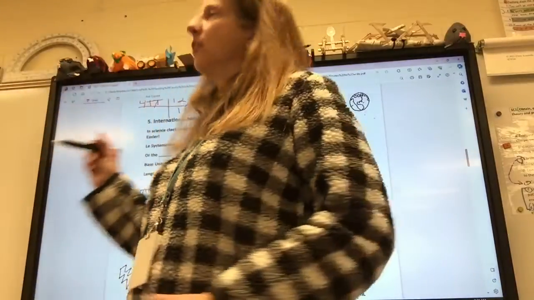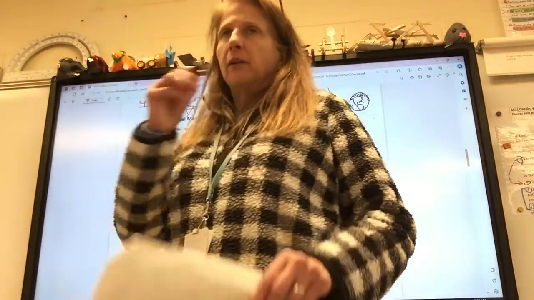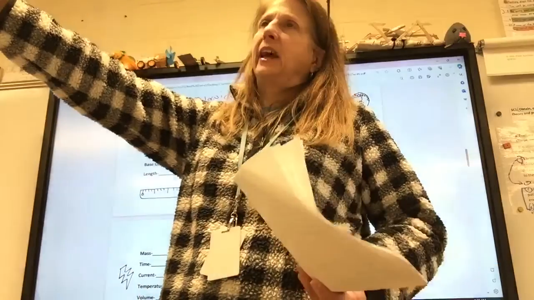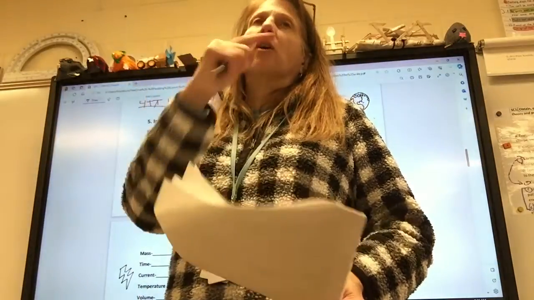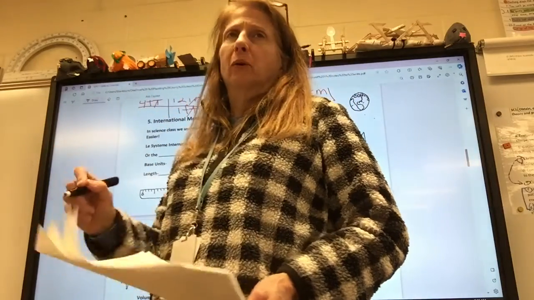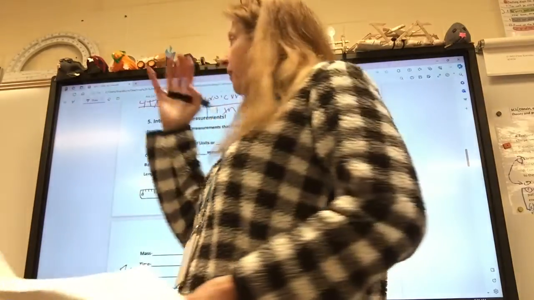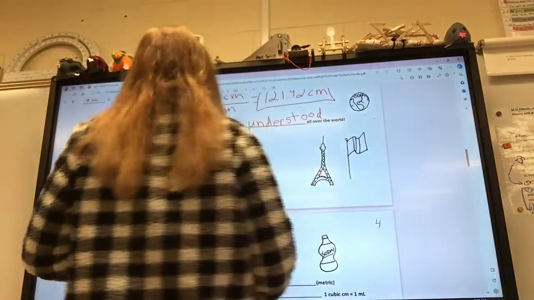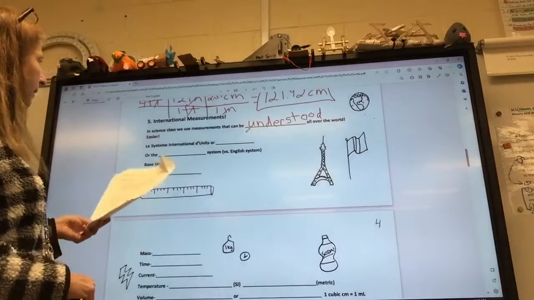But because they are using the international measurements and the elements from the periodic table, he doesn't need their words. He can understand the science they're writing on the board. Does that make sense to you? So that's why we have to use measurements that can be understood all over the world.